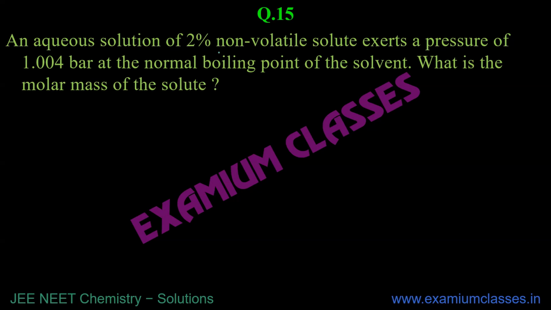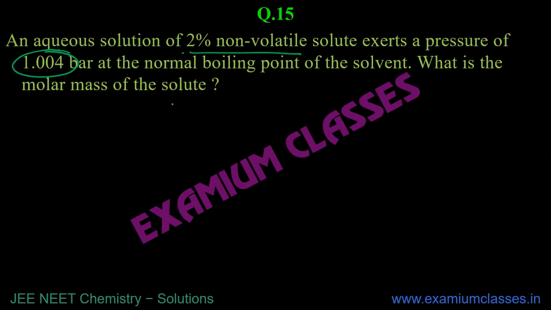We are talking about when we mixed a non-volatile solute, but when the solute is not mixed, then what will be the pressure? That is all about this question. If you get that, then it is done. Then obviously it is pure water, and in that case, it will be 1 atm. So understand, whatever is given here is when it is a solution.